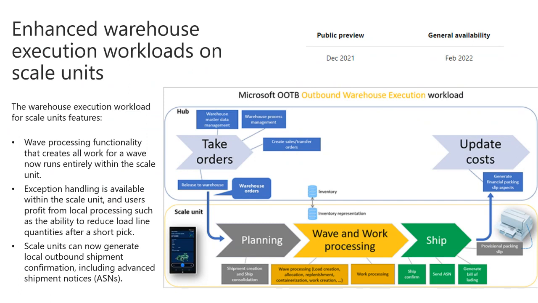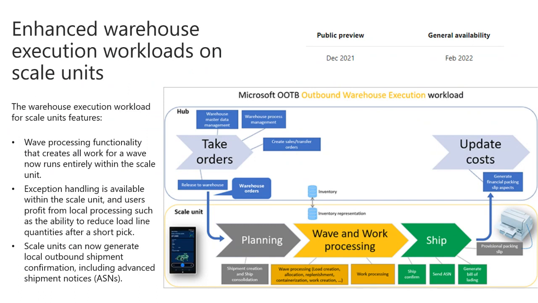So this is the warehouse workloads. If you look just below the take orders there, from there you can release an order, for example, to the warehouse, whereafter the warehouse workers will start creating the shipment. They will start processing with their mobile scanners and so on.